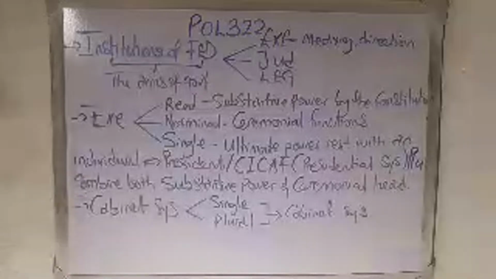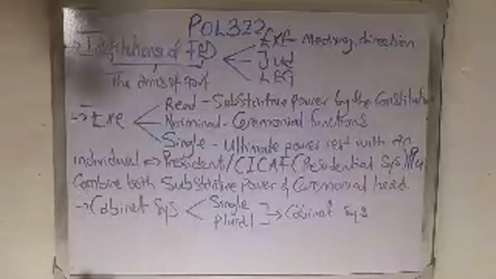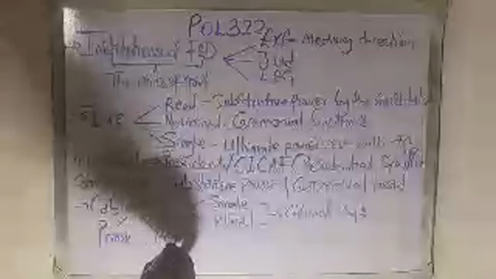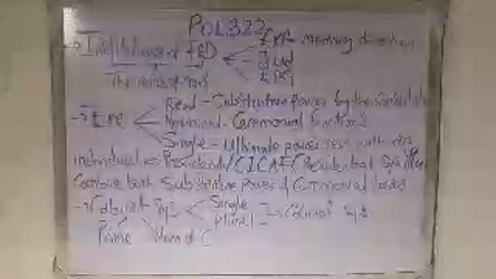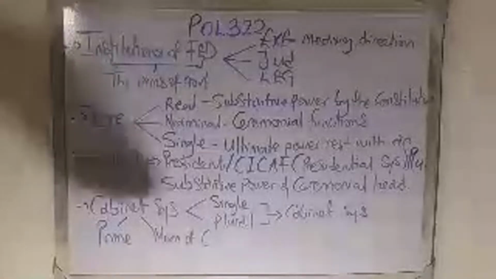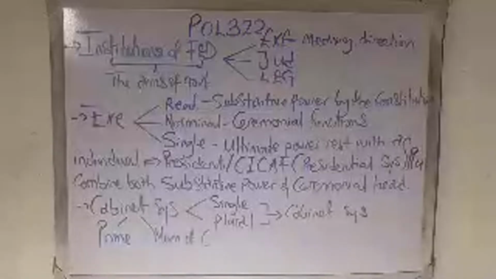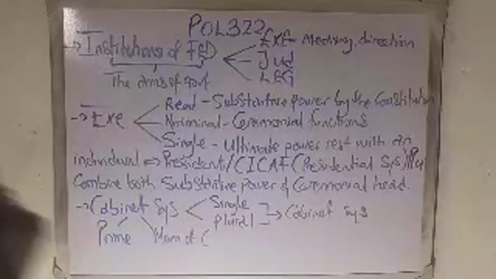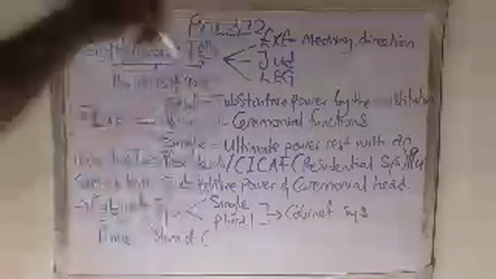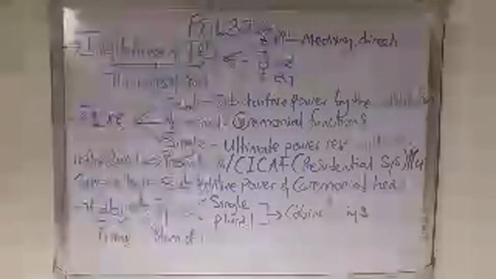So now under this cabinet, it is more of the prime minister and the members of the cabinet. The members of the cabinet act as a ceremonial head according to what we have here. The prime minister operates on the principle of single executive, who gets the substantive power.